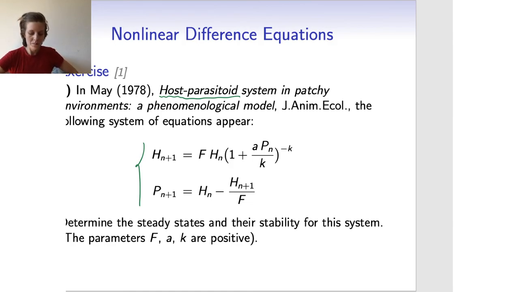So what you're going to do is first find the steady states. You just say that your H bar is equal to your function here, F of H bar, P bar, and also P bar equals this other function.